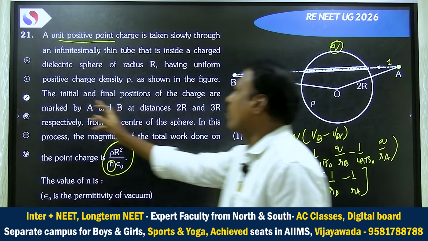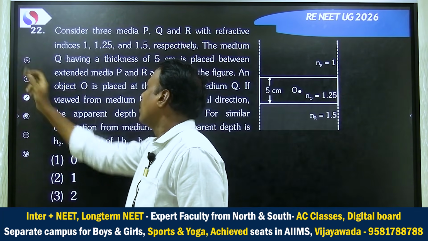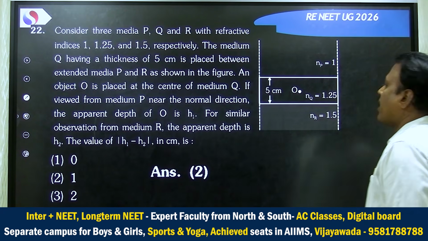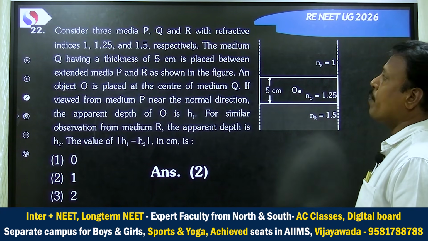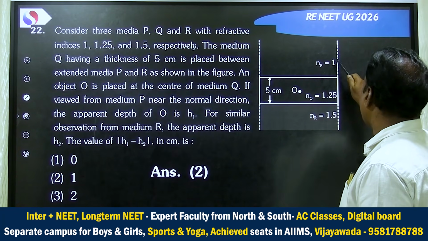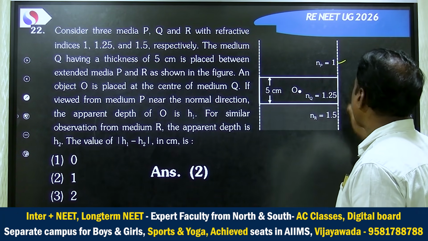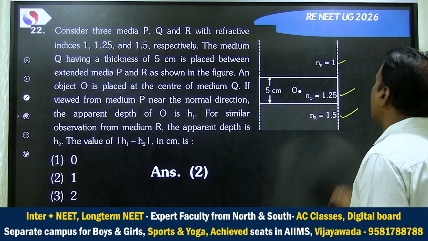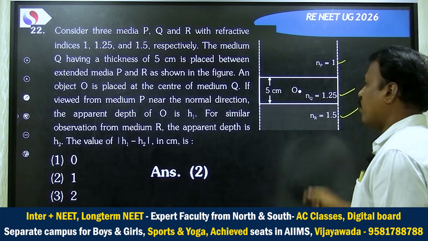Okay, now we are going to the next one. So look here. This is from ray optics. There are 3 liquids. Refractive index of this one is 1, second one 1.25, third one 1.5.